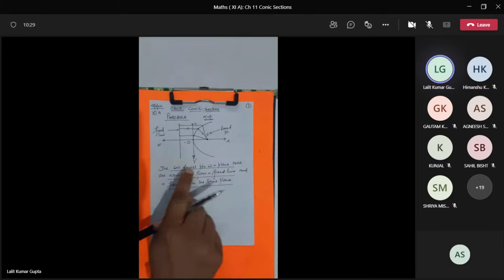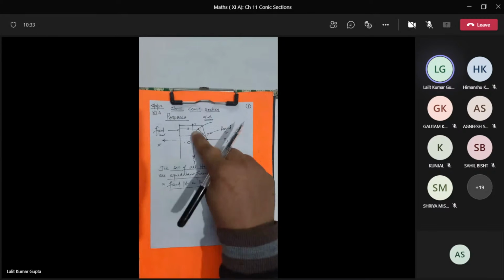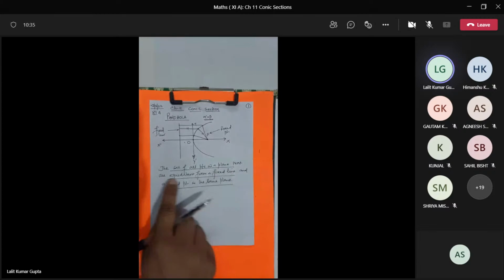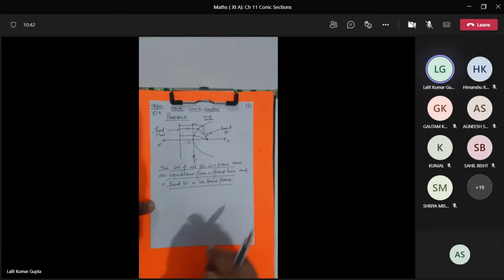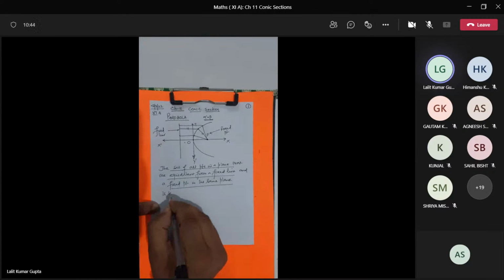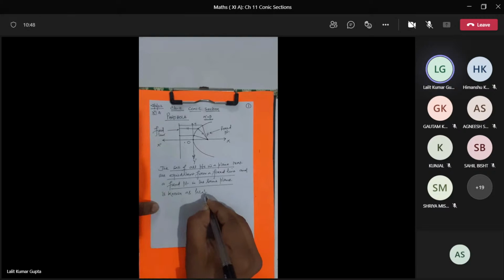So the set of all points in a plane, these are the set of points, beta, in a plane that are equidistant from a fixed line and a fixed point is known as parabola.